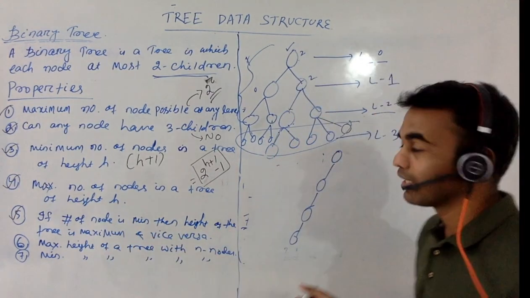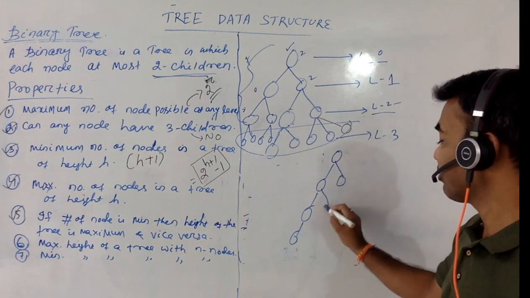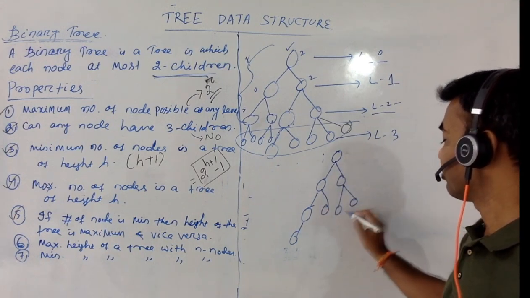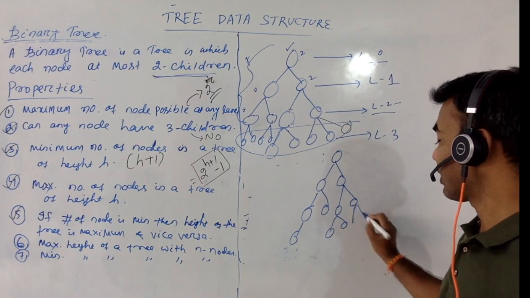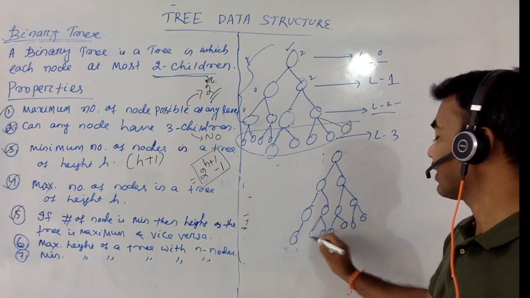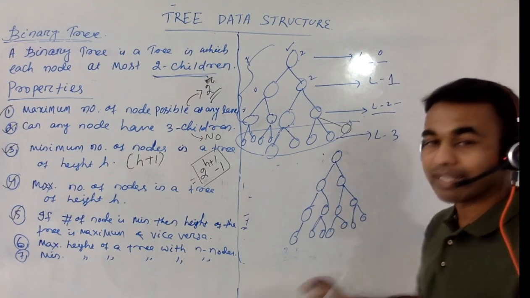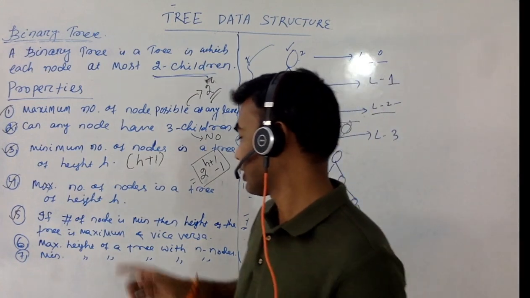And vice versa: if the number of nodes is maximum, then the height is minimum. You cannot create a height which is less than that if there is the maximum number of nodes. That is the observation.